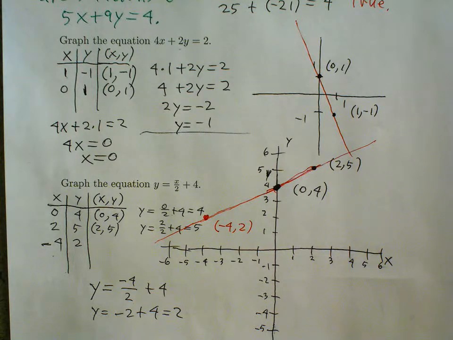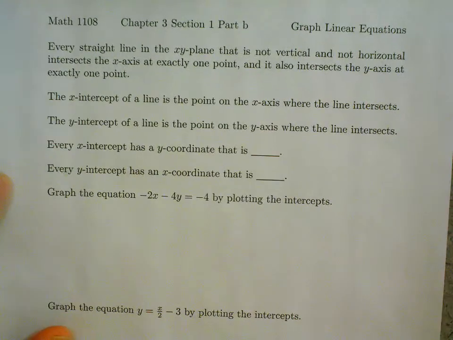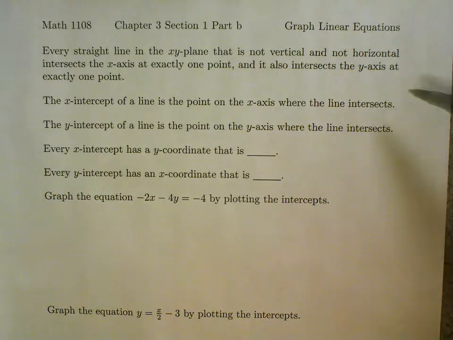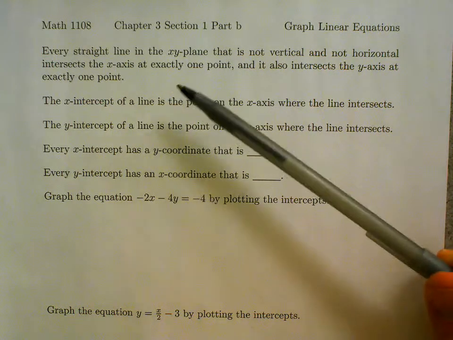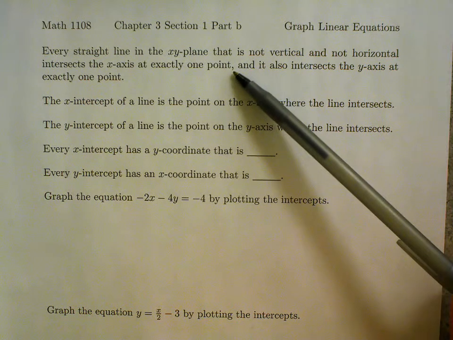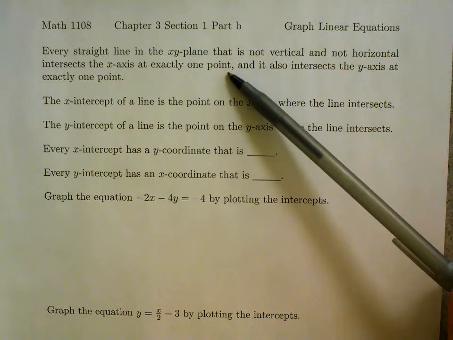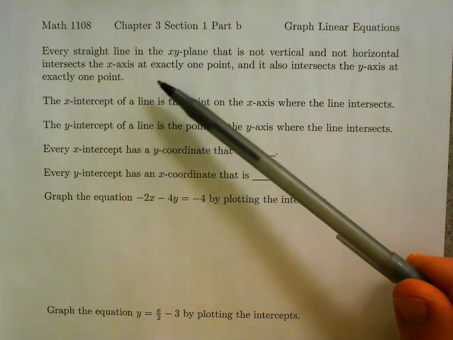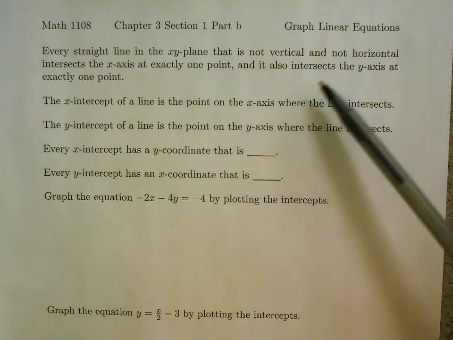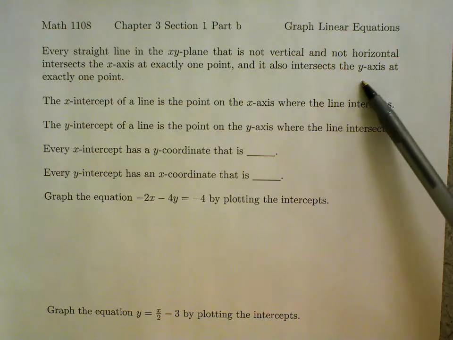Okay, now we'll go ahead and move on to the next section. It's Chapter 3, Section 1, Part B. Okay, so starting at the top, every straight line in the xy plane that is not vertical and not horizontal intersects the x-axis at exactly 1 point, and it also intersects the y-axis at exactly 1 point.